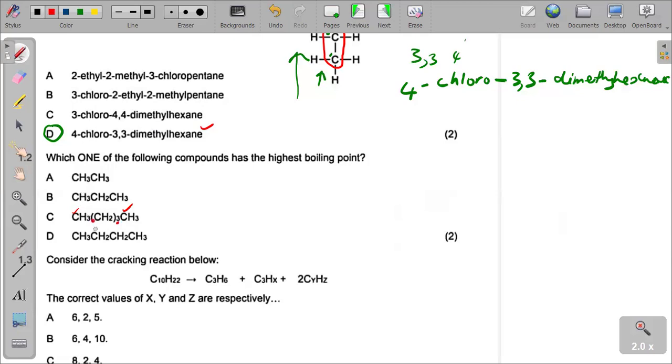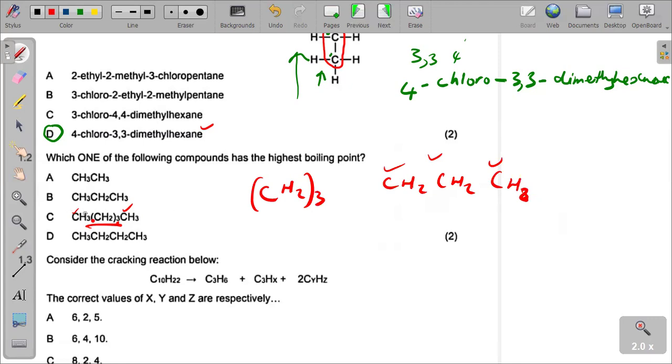Do kindly take note, CH2 bracket 3 simply means CH2, CH2, CH2. So we are having 3 carbon atoms already. Those 3, plus the other 2 that we already have there, become 5. Right? So our answer for 1.2 is C.